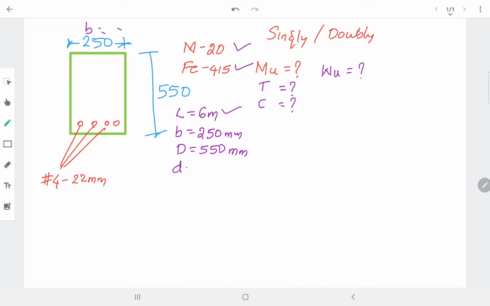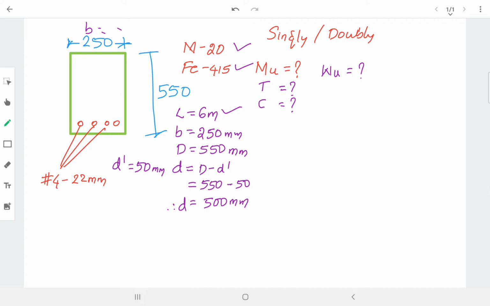For the effective depth, suppose I am taking an effective cover of 50 mm, so D minus d dash gives the value of d, that is 550 minus 50. That is, small d is equal to 500 mm. This is all about the given data.